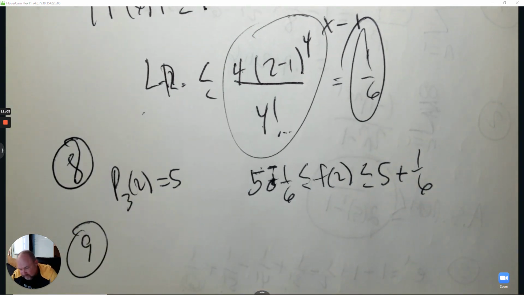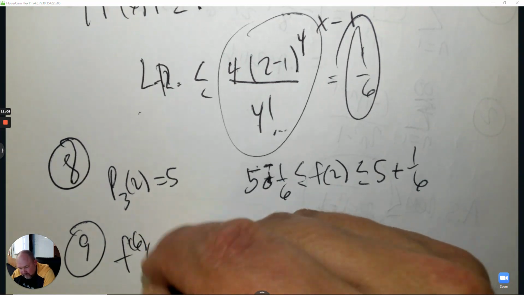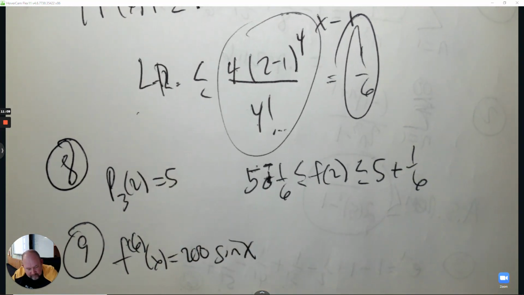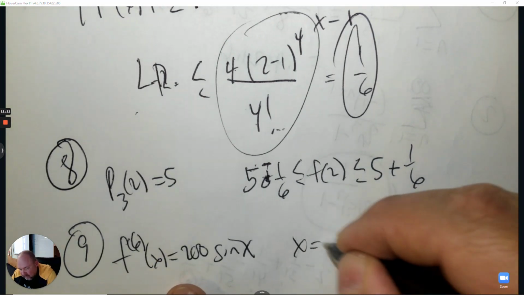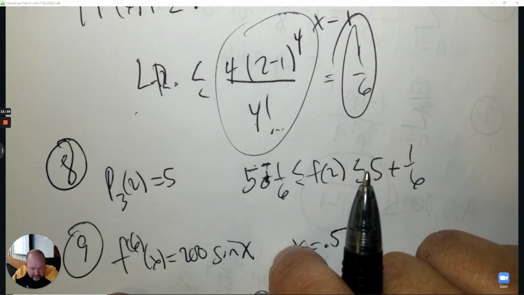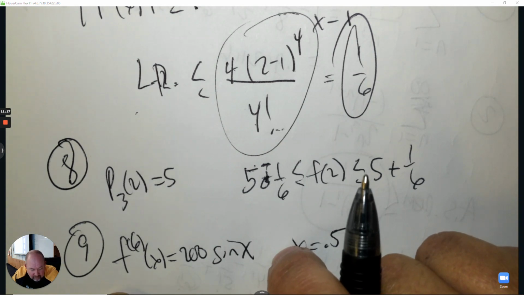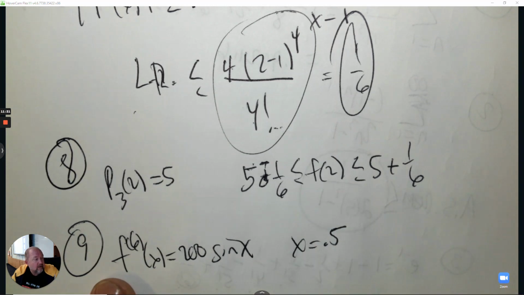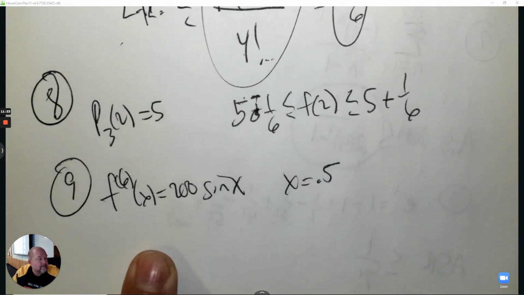The sixth term of 200 sine x, where x is equal to 0.5, with a 5th degree Taylor. So we're going to use the sixth one, right? The next one's centered at 0. So it's Maclaurin.